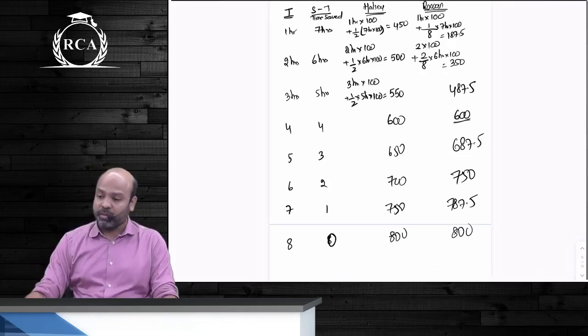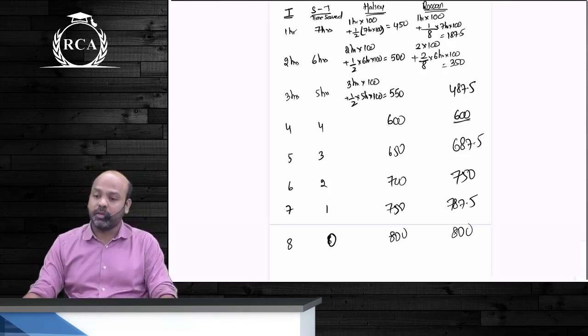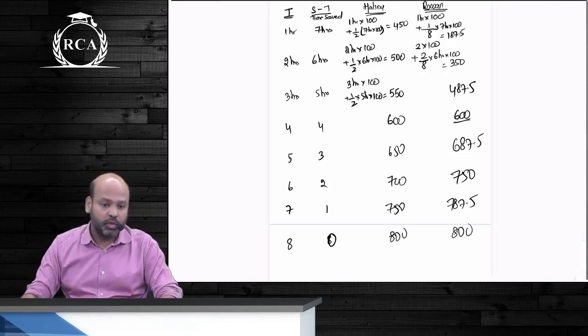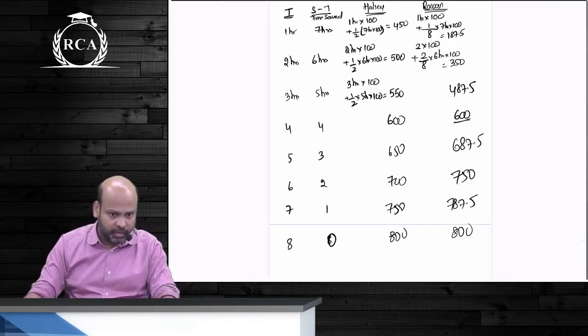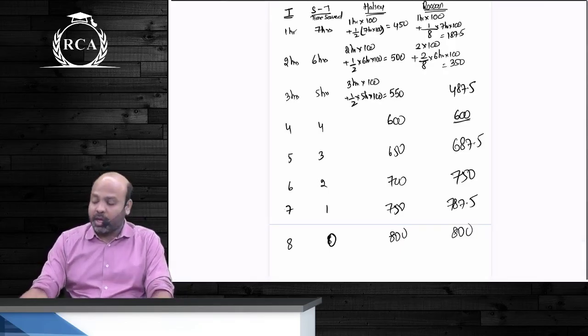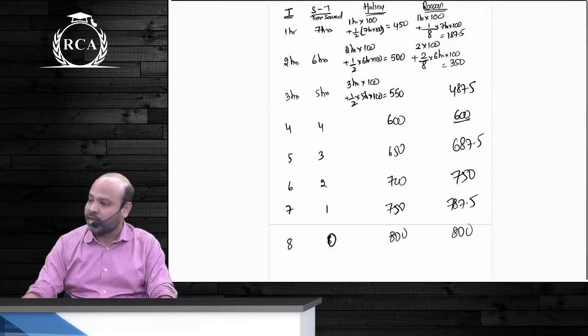So both of them, guys, will give a certain amount of incentive on the basis of time saved. You all understood, beta, how to calculate the amount of wages. Halsey and Rowan will result in exactly the same amount of wages if time taken is half of time allowed.